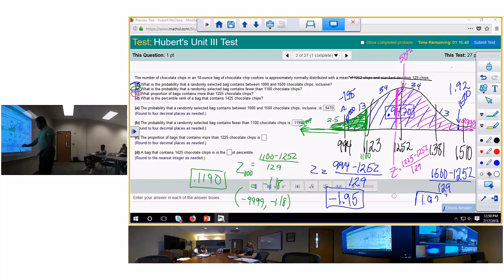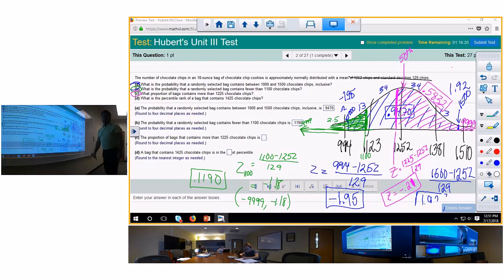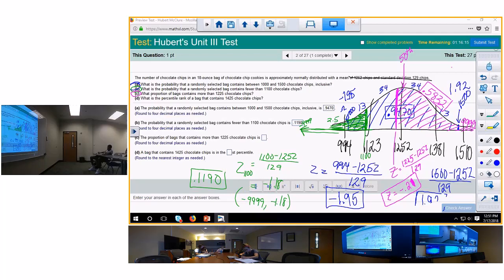So somebody tell me what it is. Negative what? Two digits. Negative 0.21. All right, so type in your handy dandy calculator normal CDF from negative 0.21 to 9999, and tell me what the percentage is to 4 digits. 0.5832. And we said it was over 50%. So we know by common sense that we have the correct answer. So that would be 0.5832. So we punch that in.